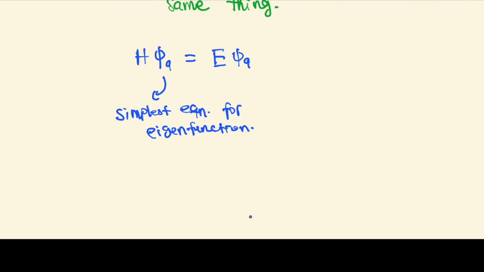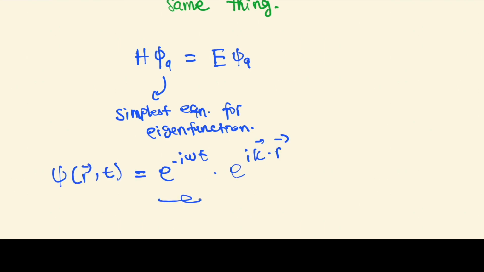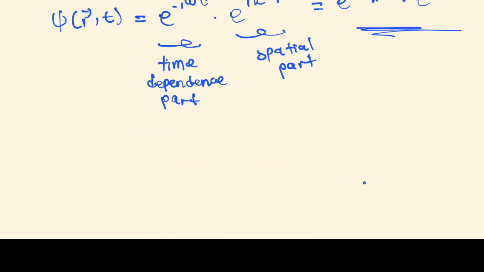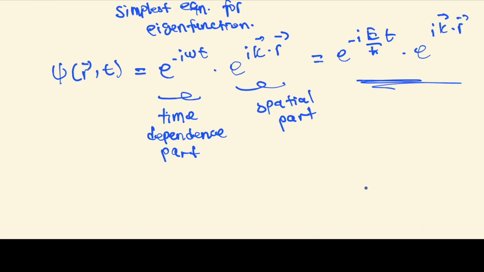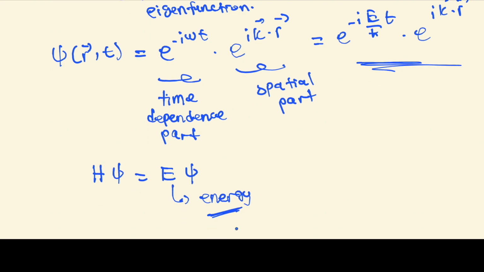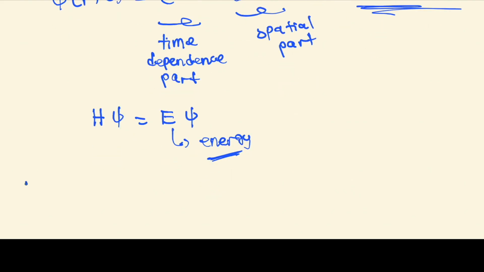We can write it as something like this, where this is the time dependent part and this is the spatial part. In this situation we are interested in the energy, so we rewrite it as our operator acting on our wave function equals E multiplied by our wave function. From the photoelectric effect, we know that the energy is equal to h bar omega.